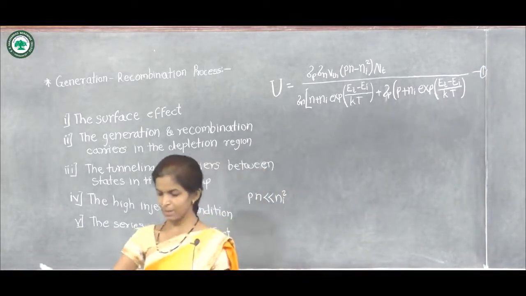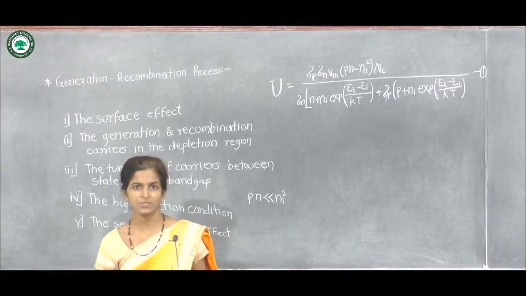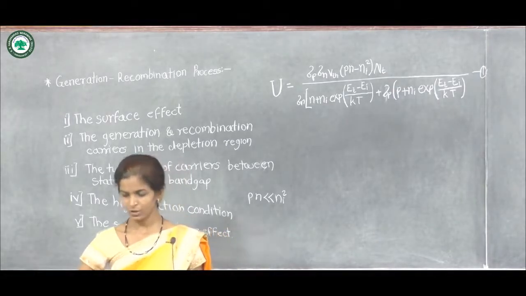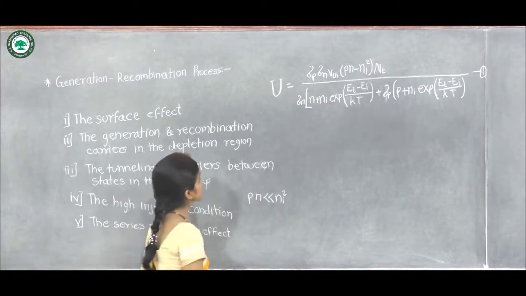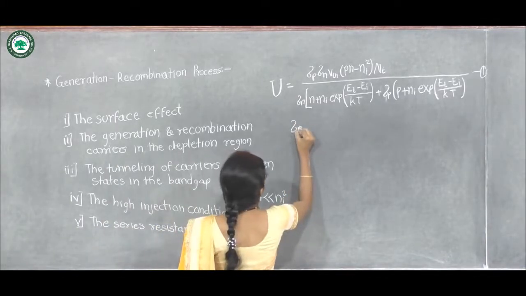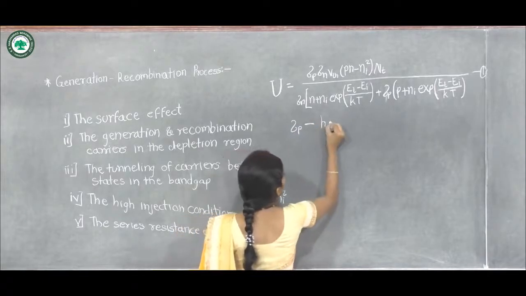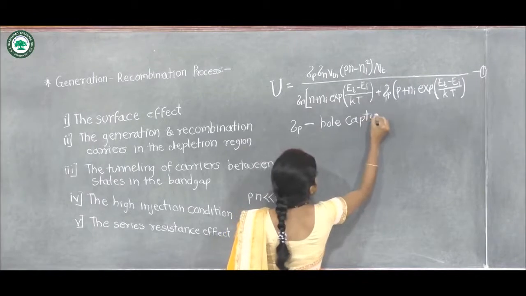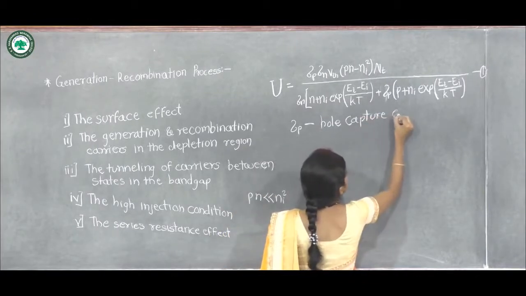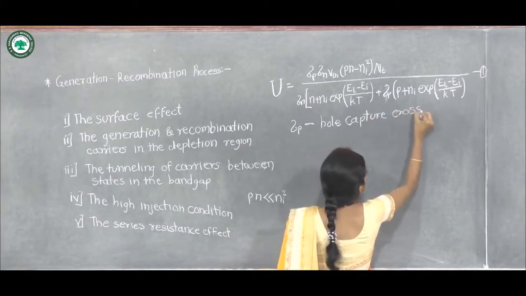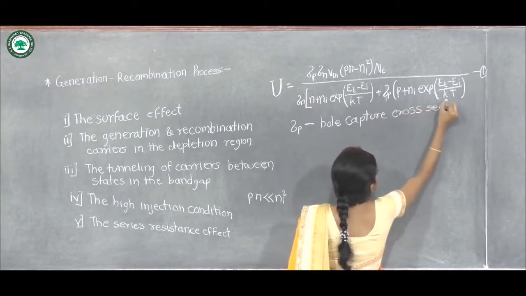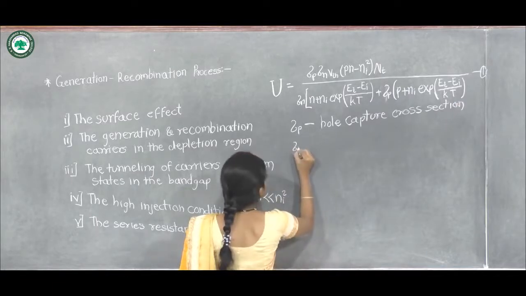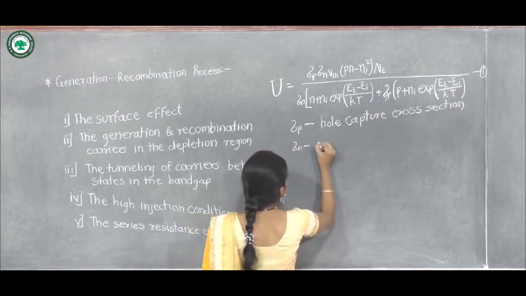where sigma p is the hole capture cross section and sigma n is the electron capture cross section.